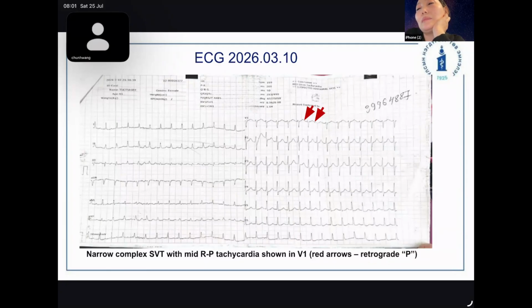In this ECG, it looks blurred, but in lead V1 we can see the retrograde P waves in between the R waves. So it documented narrow complex tachycardia with mid-RP.